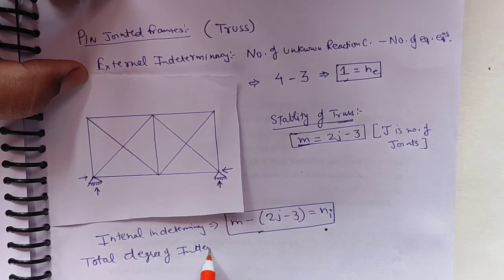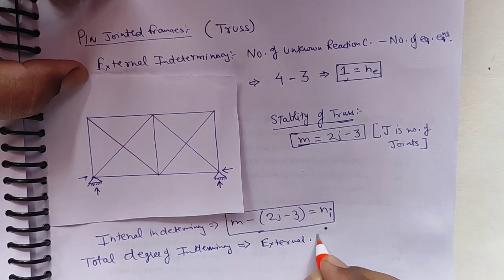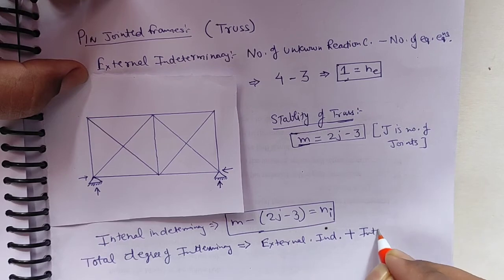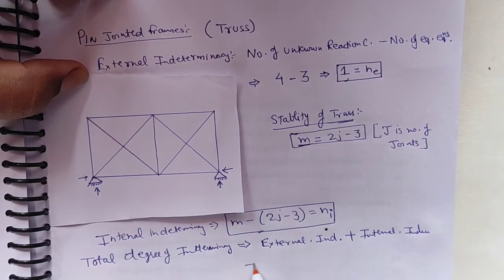Now I can define that the total degree of indeterminacy for the given truss will be the sum of external indeterminacy plus internal indeterminacy, that is Ne plus Ni.